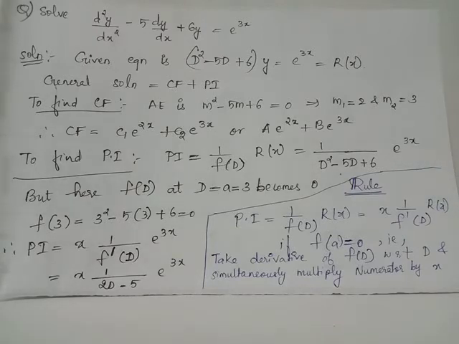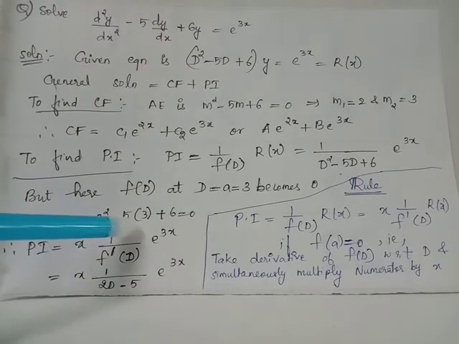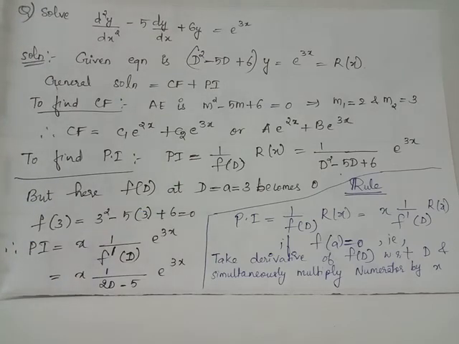When you give D equals a in f of D, we observe that f of D becomes 0 at D equals 3. We have f of 3 equals 3 square minus 5 times 3 plus 6, which becomes 0.